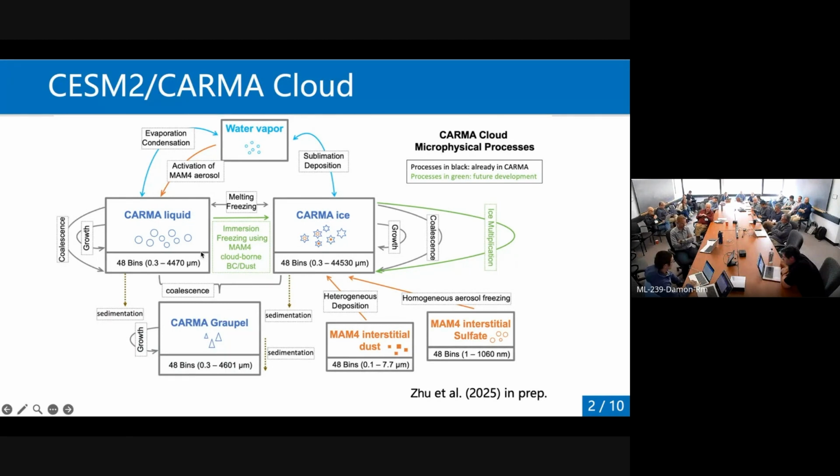We have 48 bins spanning from 0.3 to more than 4,000 microns for liquid cloud, and the same 48 bins for ice cloud, but we have larger particles in the largest bins, about 10 times those of liquid cloud, so that we can include the large particles for snow.